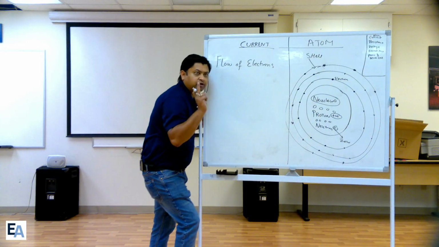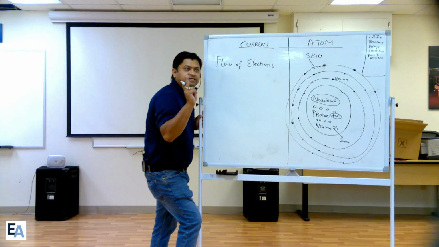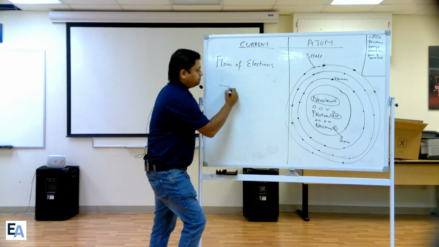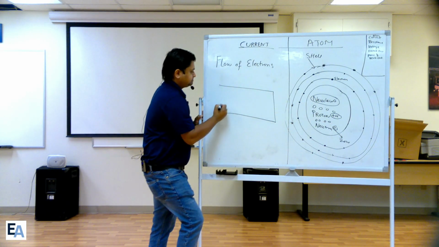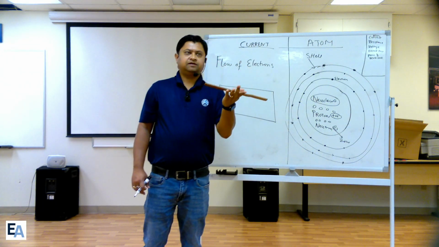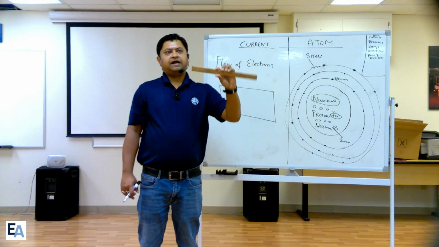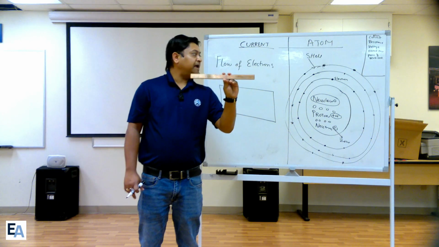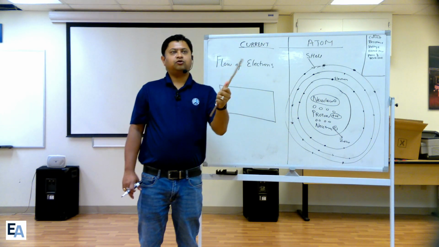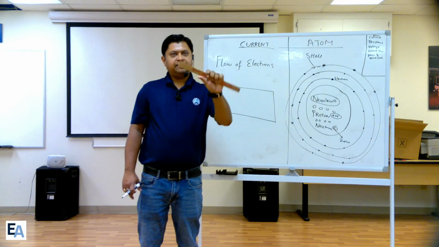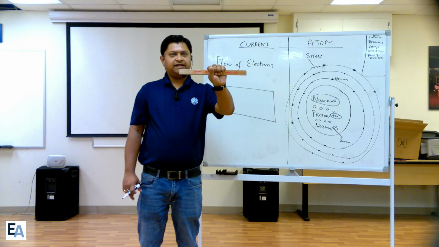So I'm talking about just one atom, which is a basic building block. If I take a copper bar, just like this copper bar, this copper bar has trillions and trillions of atoms in it, which make it a solid copper bar. And copper is an element.